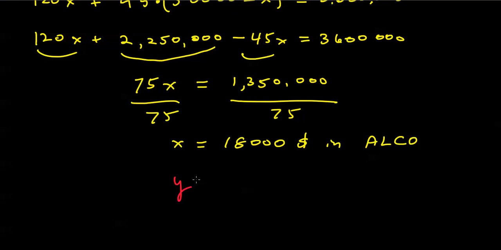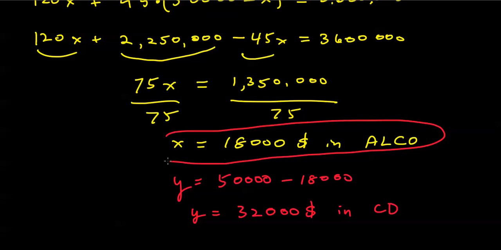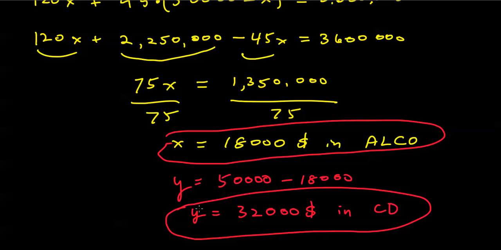So y then equals 50,000 minus 18,000, and of course y is then $32,000, and that's in the CD account. So I've got $18,000 in the ALCO account and $32,000 in the CD account.